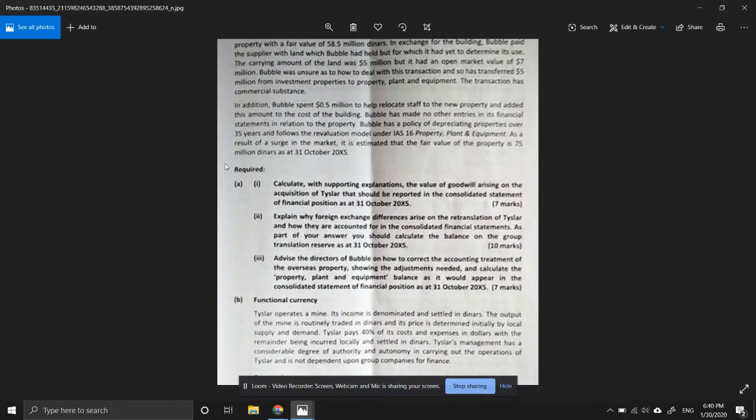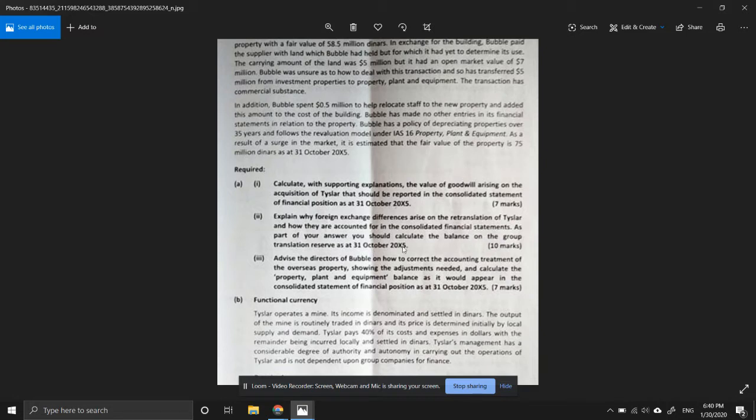What we are required to do is calculate, with supporting explanations, the value of goodwill arising on acquisition of Teisler that should be reported in the consolidated statement of financial position. Explain why foreign exchange differences arise on retranslation of Teisler and how they can be accounted for in the consolidated financial statements.